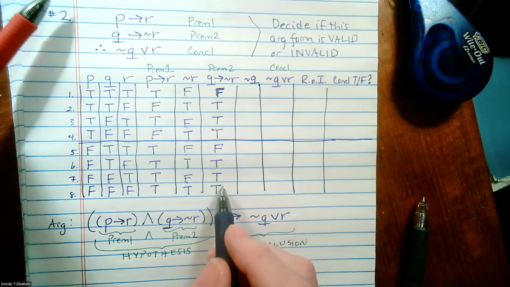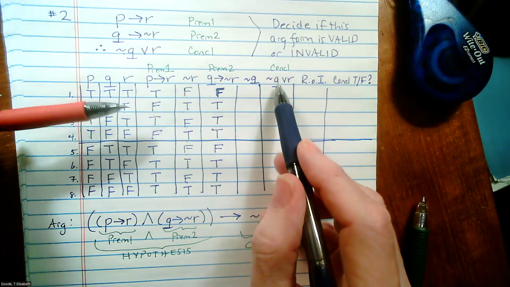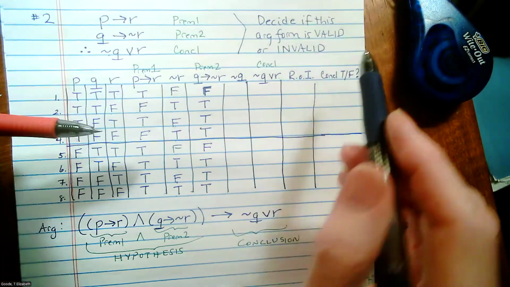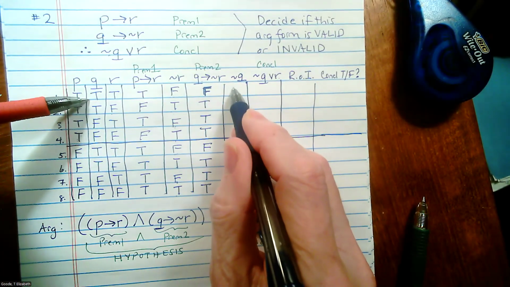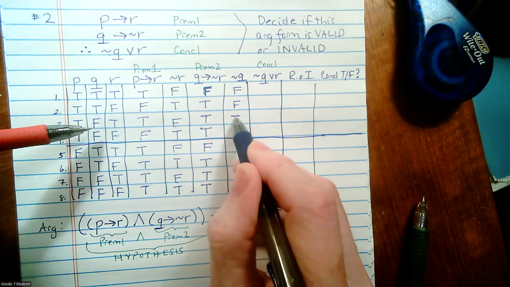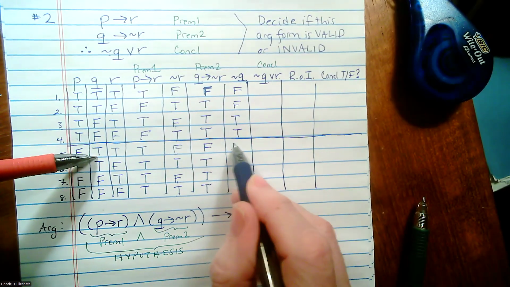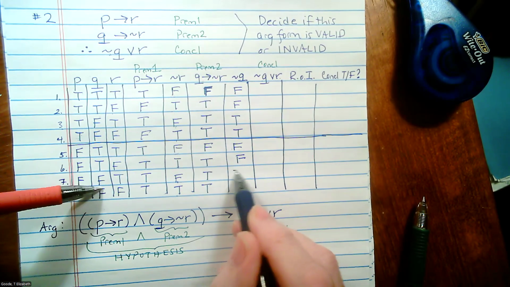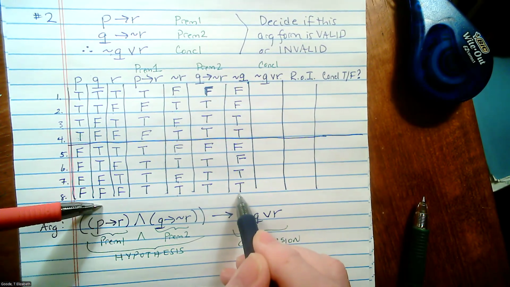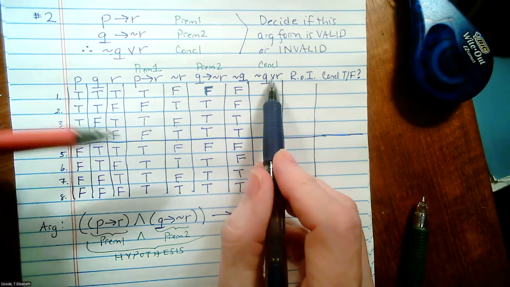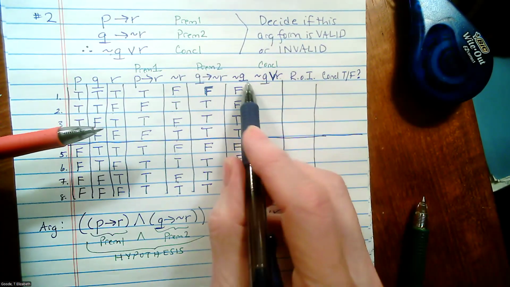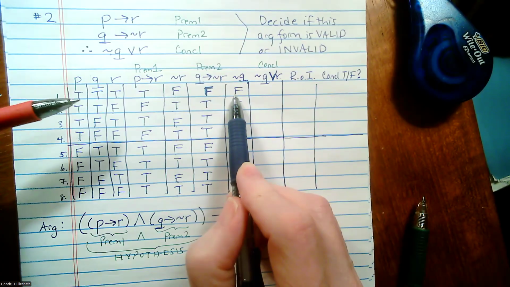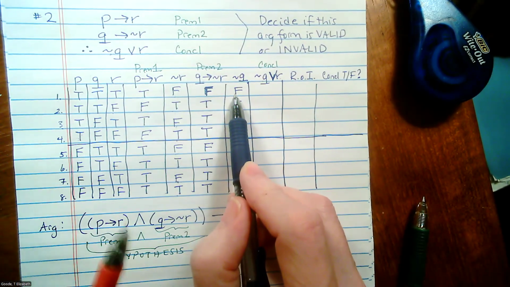Okay. All right, great. And then now we're going to build our column for our conclusion, but first we're going to quickly flip the bit and build our not Q column. False, false, true, true, false, false, true, true. Now we're going to OR, our inclusive OR, not Q ORed with R. So here we're going to try to be careful.